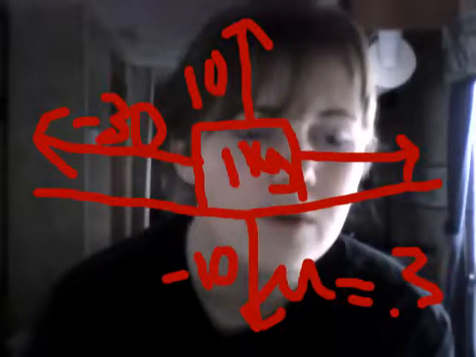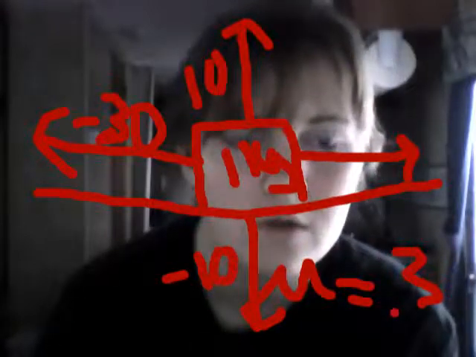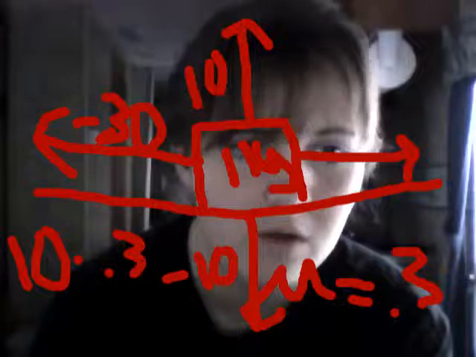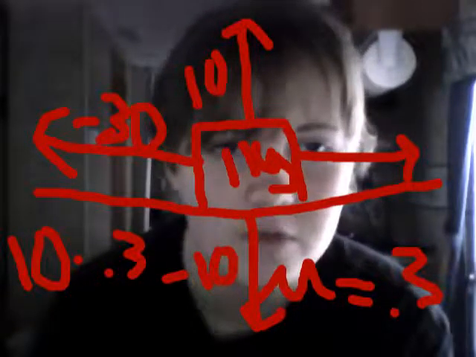So what we want to know is the force of friction here. Well, we know that the force of friction equals the normal force times mu, which we have both of. So 10 times 0.3 will just equal 3. So we know that the force of friction back is 3.